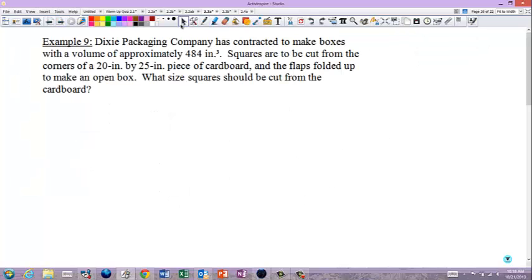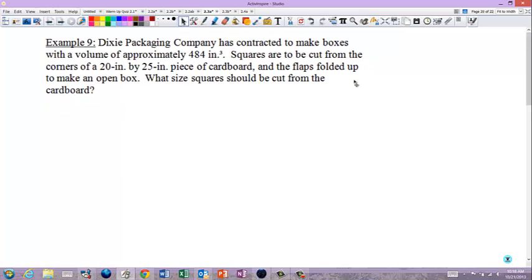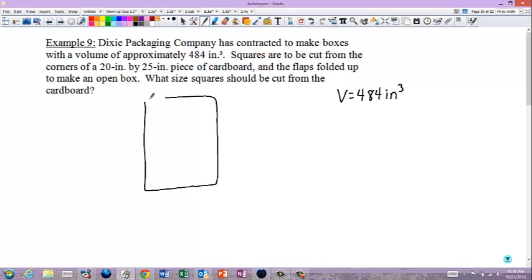Okay. Dixie Packaging Company has contracted to make boxes with a volume of approximately 484 inches cubed. So, volume is 484 cubic inches. Squares are to be cut from the corners. Does this look familiar? Of a 20 by 25 inch piece of cardboard, and the flaps are folded up to make an open box.